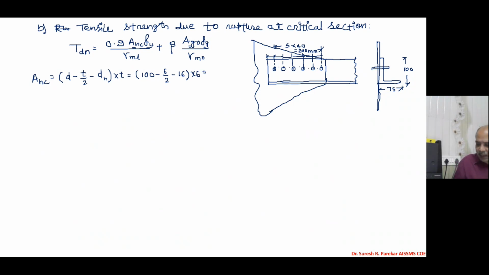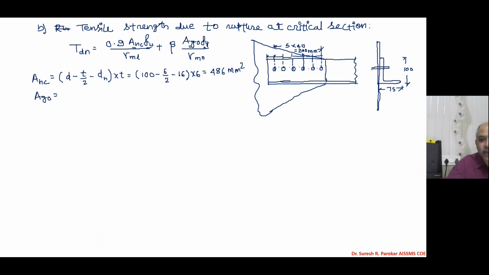This will give me the value of A and C, and we have this value as 486 millimeters square.